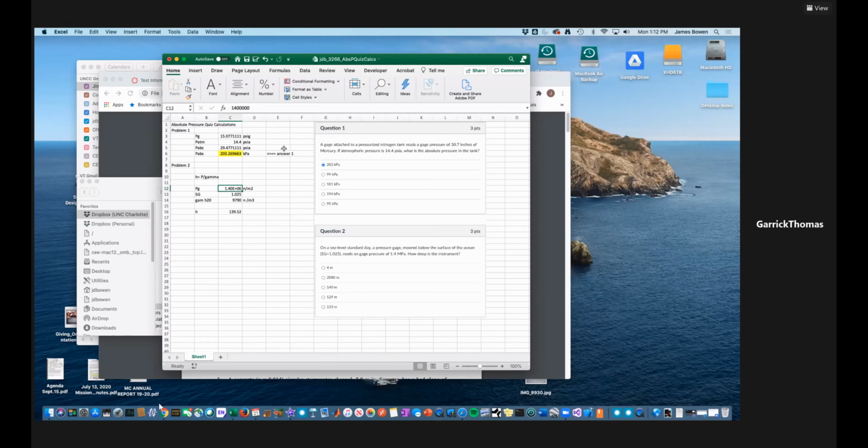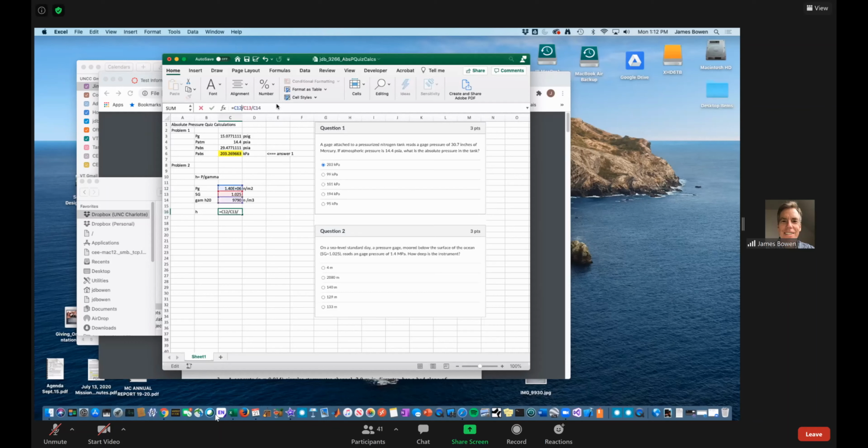Right, we can try that. So this is saying the answer is 140 since it's 139.5? Yeah, the answer is 140. And let's see what happens in this calculation. If we subtract off 101.3 times 10 to the third pascals, see, that's what happens if you subtract off atmospheric pressure, you get 129.